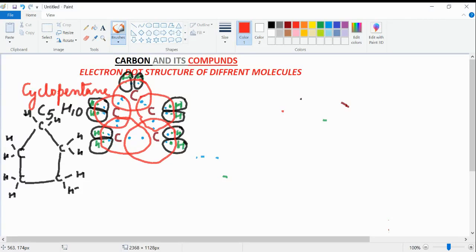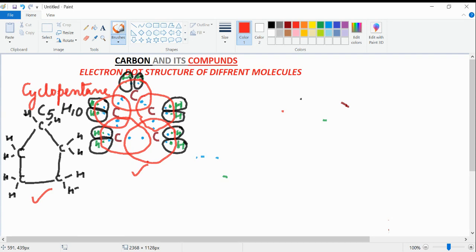So in this way we can draw the electron dot structure of cyclopentane. So there are three formulae. One is C5H10, it is the molecular formula, and this is the structural formula, and this is the electron dot structure.